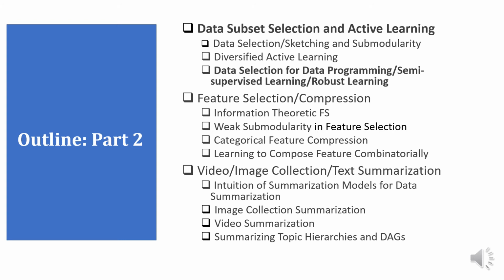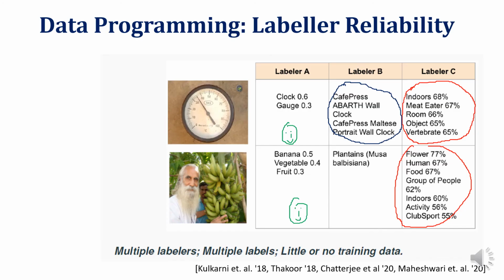We move on to the last part of this data subset selection and active learning, and this is about use of data programming and some amount of semi-supervised learning. So suppose we had multiple labelers. These labelers could be rules.